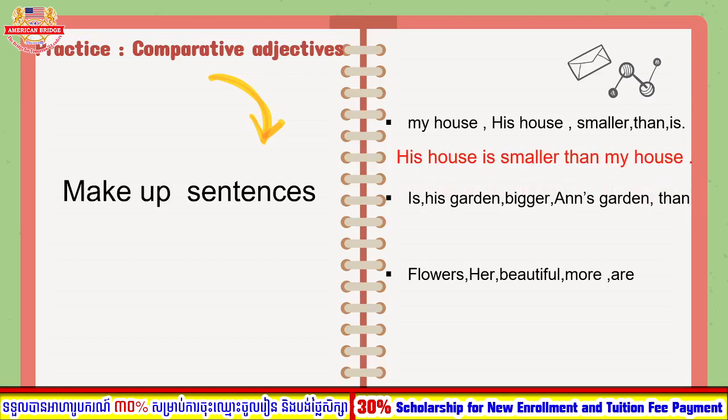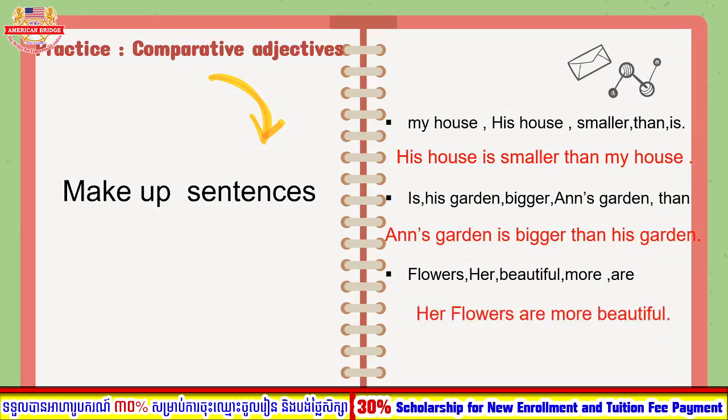And the second one: Anna's garden is bigger than his garden, right? And the last one is: her flowers are more beautiful. So this is our practice for the first exercise. Now let's move to the next one.